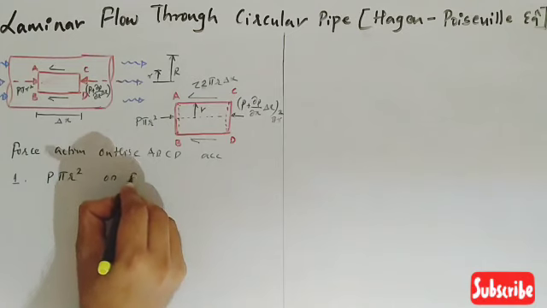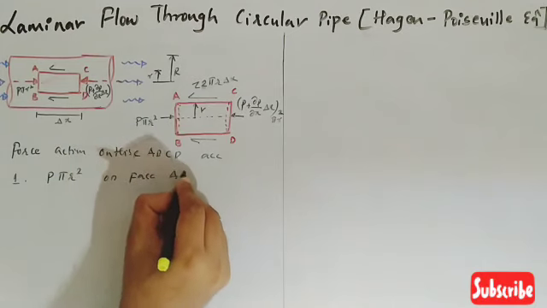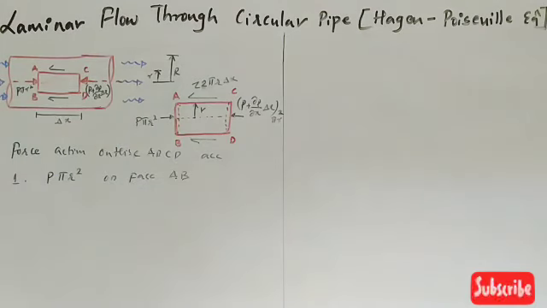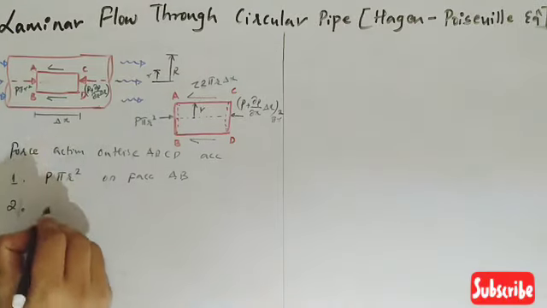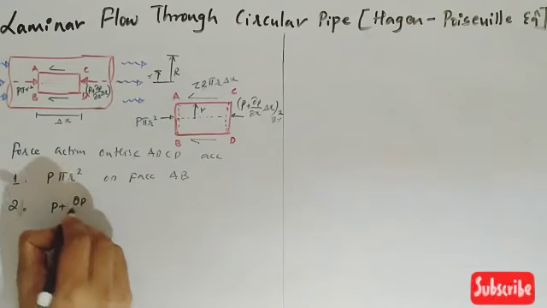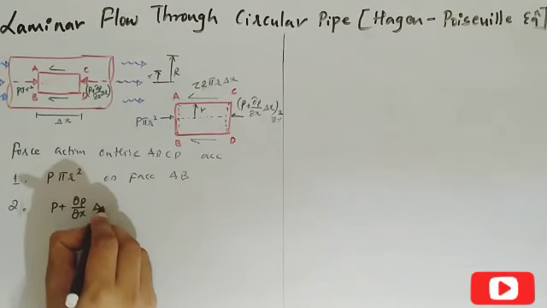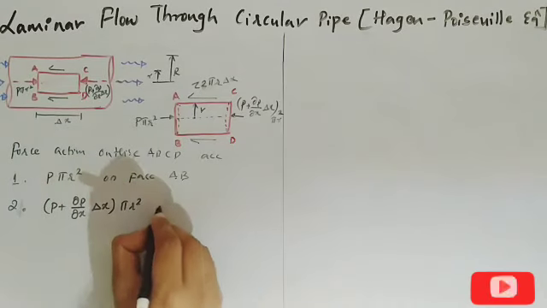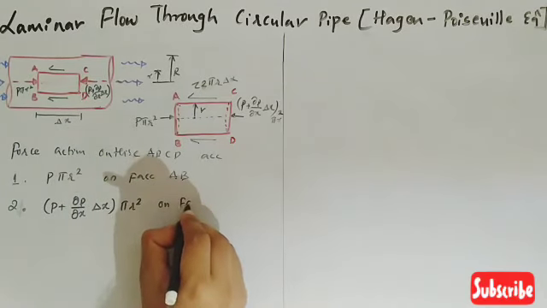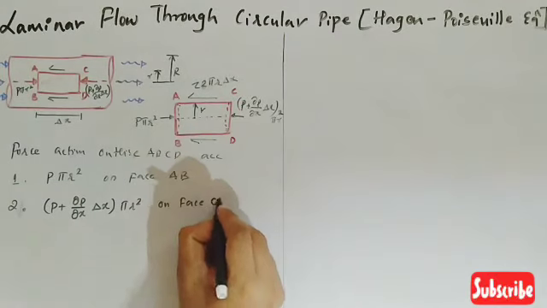Similarly, the second force is the pressure force acting on face CD, that is P plus dou P by dou x into delta x, into area pi r square.